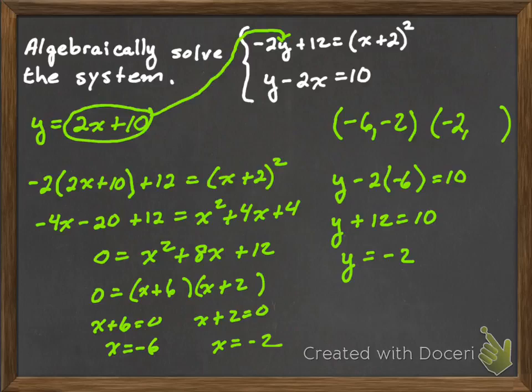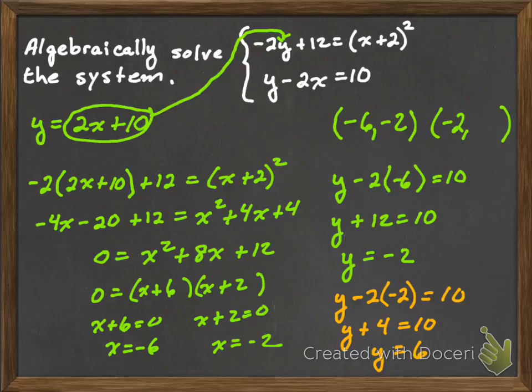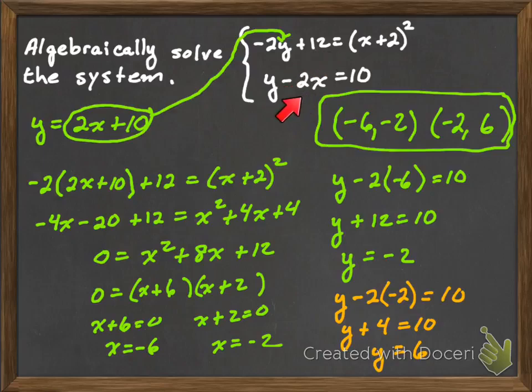All right, so then we take the negative 2 and substitute it in for x, which will give you y minus 2 times negative 2 equals 10, which is y plus 4, and subtracting 4 is 6. So these are the coordinates for the points of intersection between the quadratic, which is your parabola, and the linear equation, which is right here.